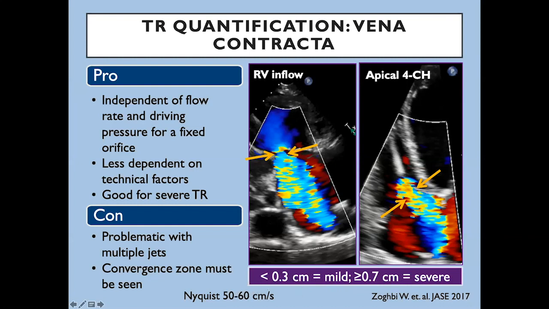This is at a Nyquist limit of 50 to 60 centimeters per second. The pros of this method are that it is independent of driving pressure for a fixed orifice, it is less dependent on technical factors, it's not so hard to get, and it is good for severe TR. However, it cannot be used in multiple jets, and you must see the convergence zone when you're imaging.